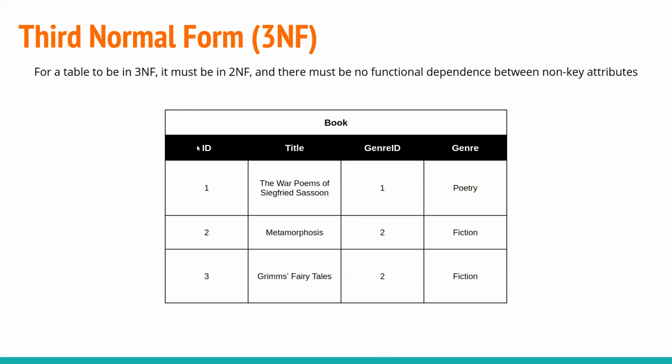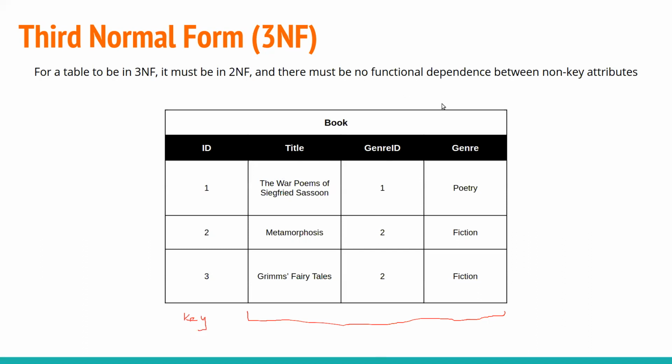And all we have to ask here, between any of our non-key attributes, so what does that mean? All of our non-key attributes are title, genre ID, and genre, right? Because ID is our key attribute. Our key is just ID. So our non-key attributes are title, genre ID, and genre.